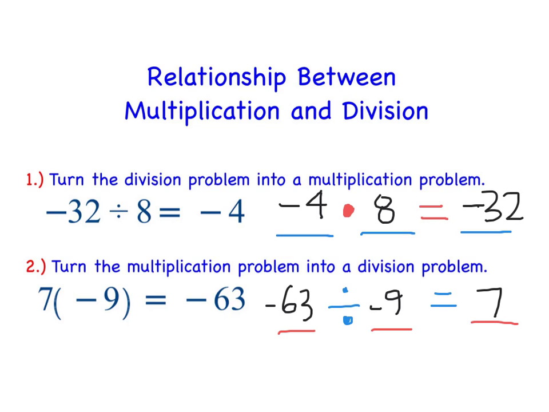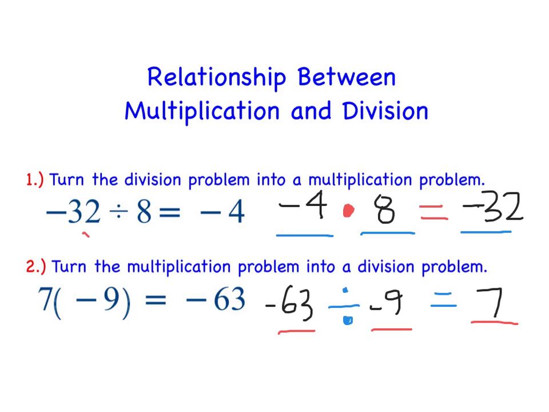Okay, now I want to point out for the first example, you could have written the problem 8 times -4 equals -32. For the second problem, you could have written -63 divided by 7 equals -9. So there are multiple ways of writing the problem, but I want to point out a pattern that I noticed.